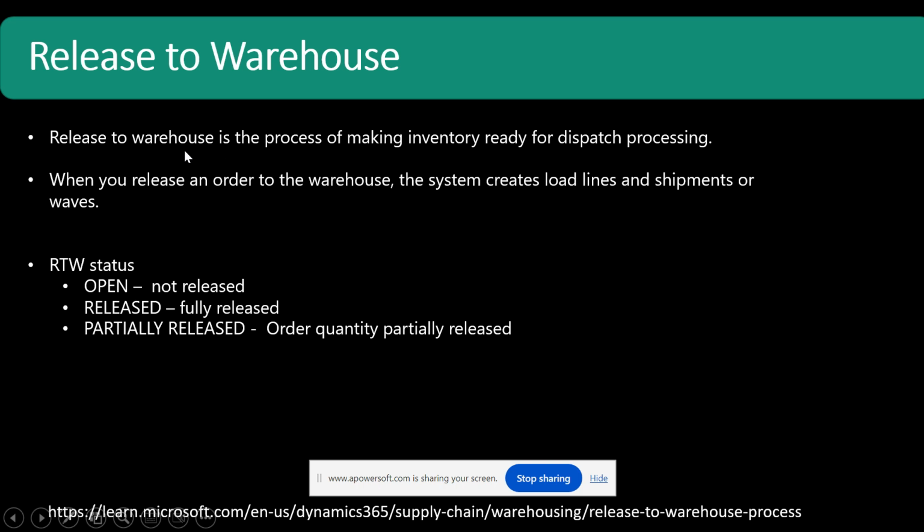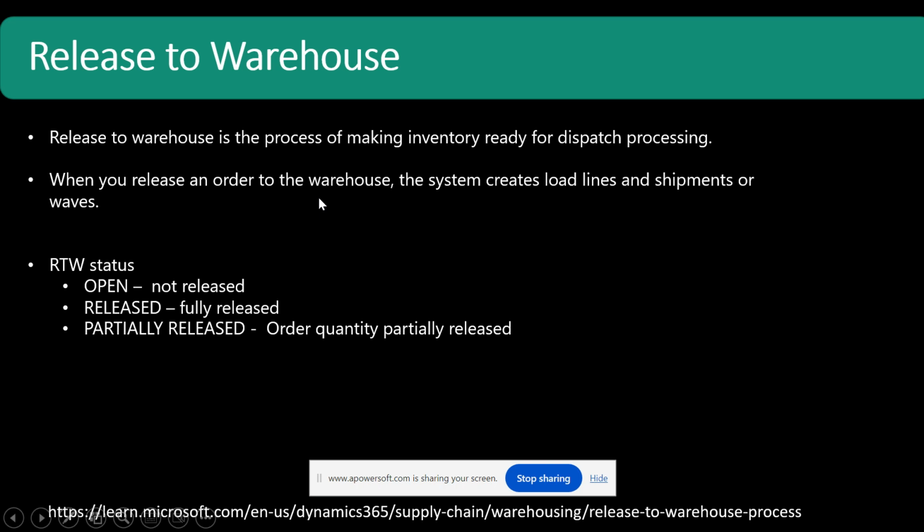This authorization, the process of asking the worker to proceed with picking and dispatching the material, is done through release to warehouse. So releasing the sales orders or the transfer orders primarily happens through the functionality of release to warehouse. I know this definition might sound a bit difficult, but let's get into the system and understand it.